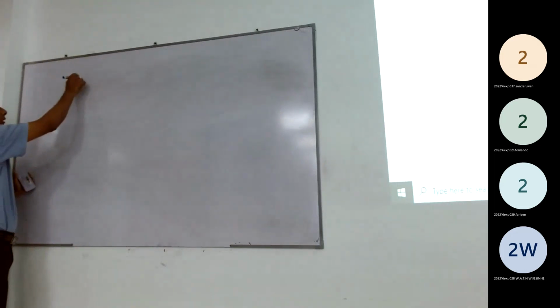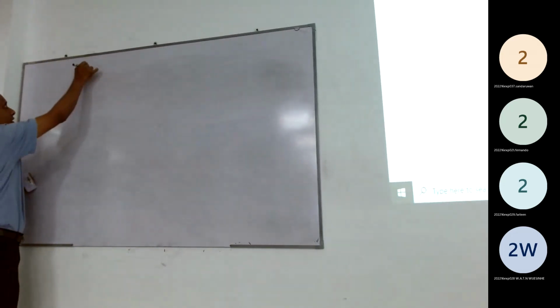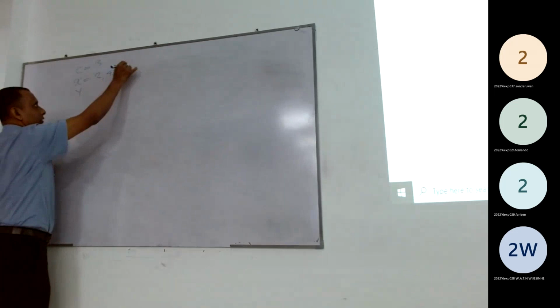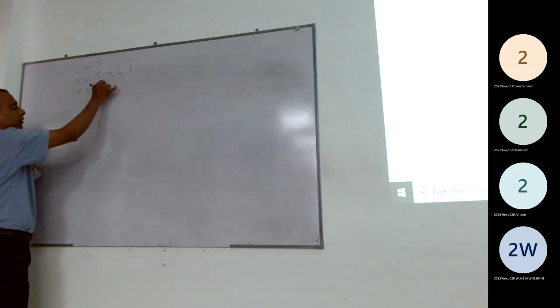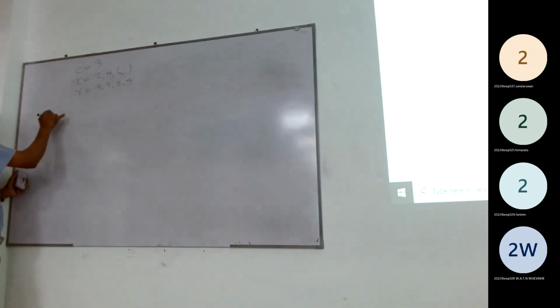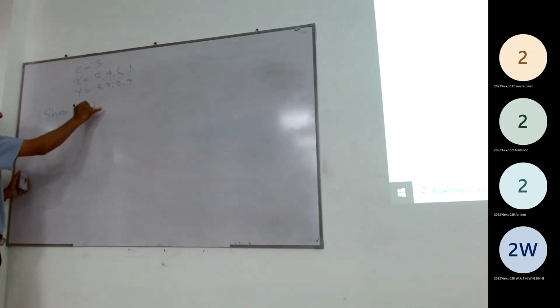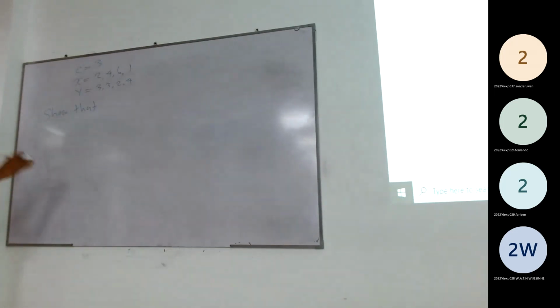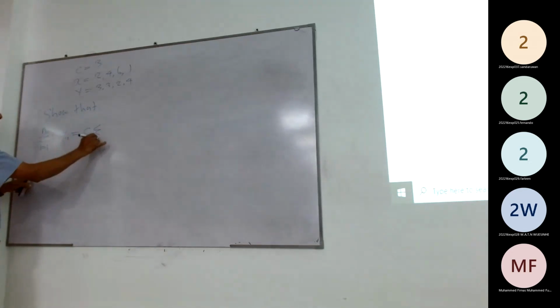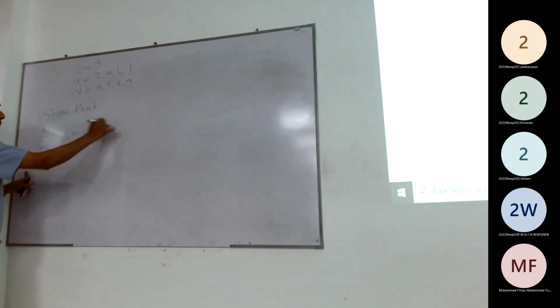Right, here example: x, y, c constant 3. x is 2, 4, 6 and 1. y is 3, 3, 2 and 4. So that you have to solve. Sigma i equals 1 to n 3xi equals 3 sigma i equals 1 to n xi.